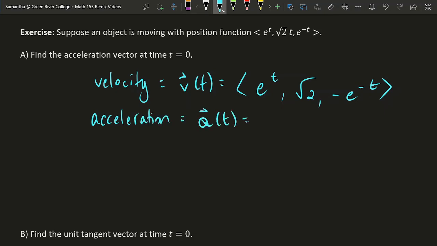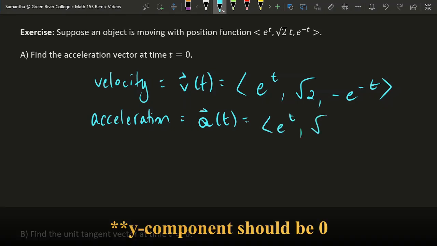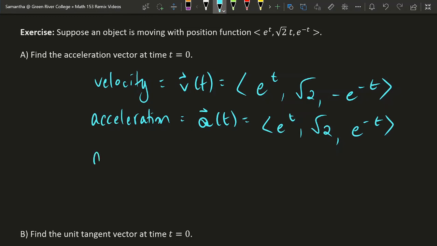Acceleration at time t is e to the t, 0, and e to the minus t. At time 0 in particular, our acceleration vector is e to the 0. Excuse me, this y component would vanish. The derivative of root 2 would be nothing. So that will just become 0, and e to the minus t at time 0 would be 1 as well.